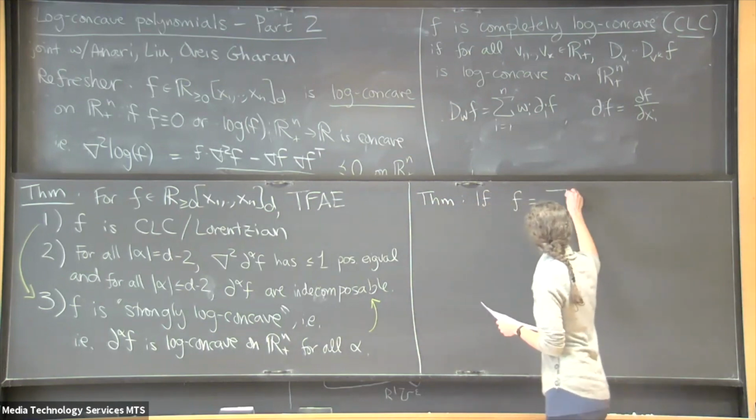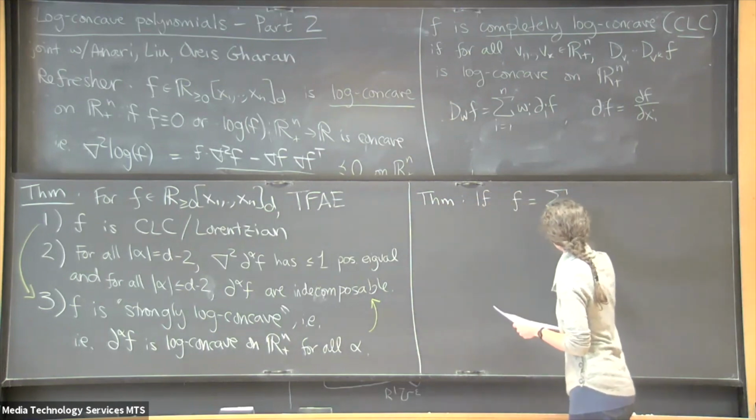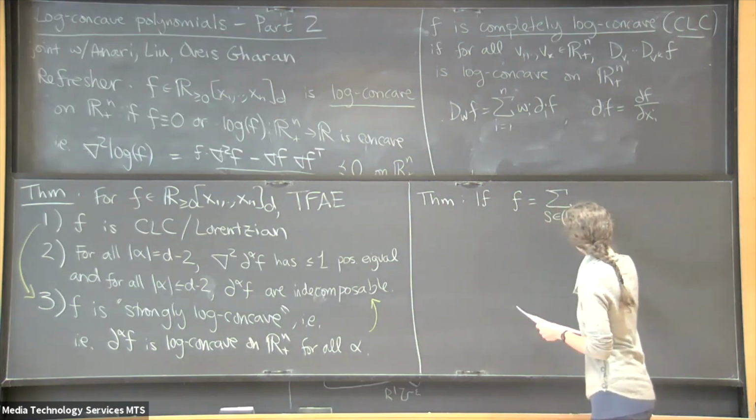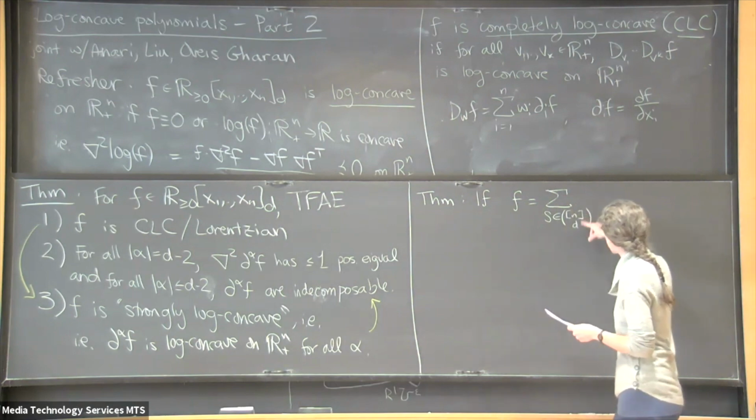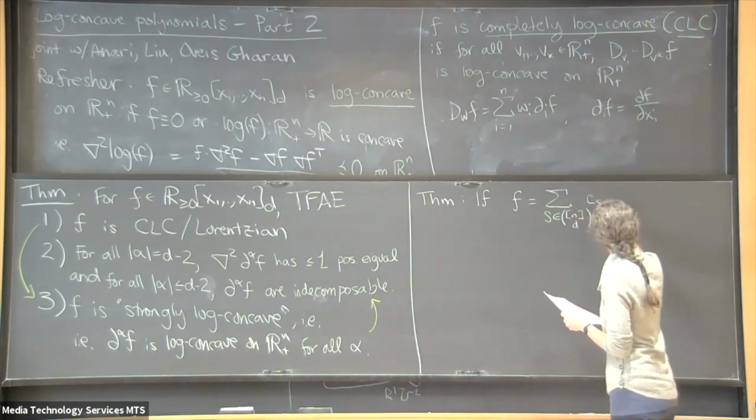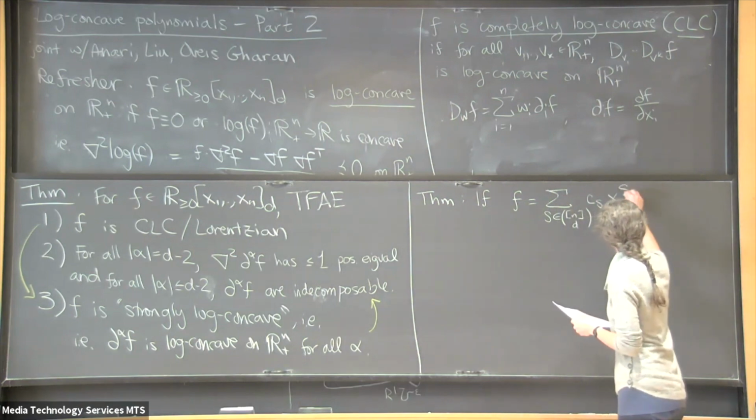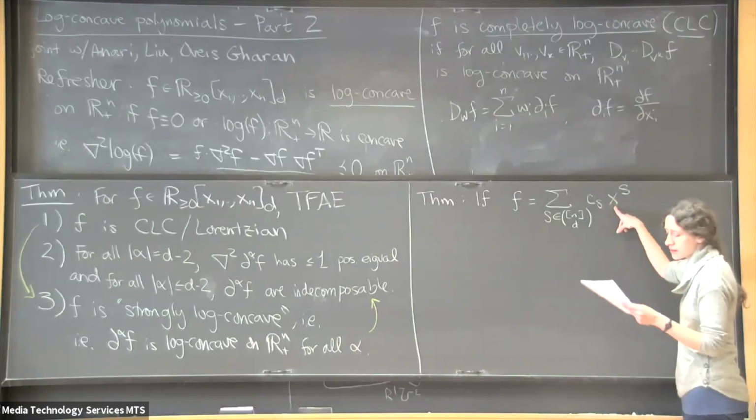if you have a multi-affine polynomial, where all of the monomials are square-free, corresponding to subsets of 1 through n, I'll use x to the S for the product of variables corresponding to that subset.